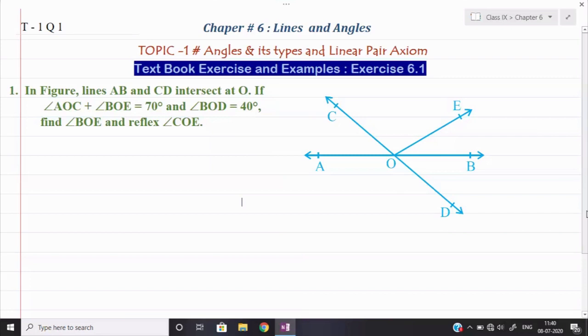Okay, first of all I will mark some angles over here. You can also mark the angles in the examination, but for that you need to draw the figure along with the solution. If you don't mark the angles over here, then take the original names. That is your choice completely. You do not compulsorily need to rename the angles, but renaming the angles will make our work a little simpler.